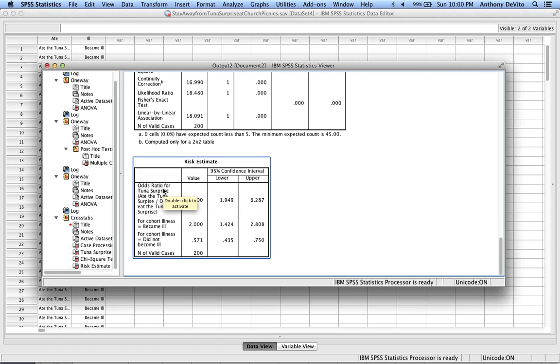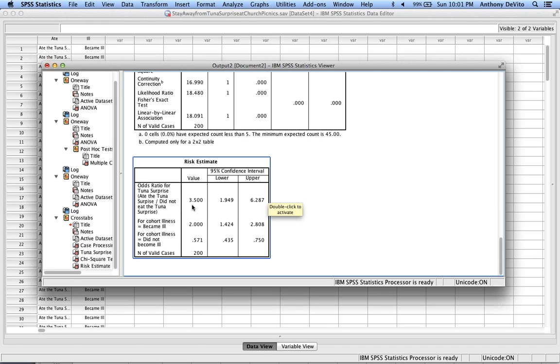Let's take a look at our risk. Our odds ratio that we calculated manually was 3.5. The next box is relative risk, which was 2.0, just the way we calculated ourselves. SPSS, on the other hand, worked out the probability, basically a binomial probability, and calculated the 95% confidence interval for us.